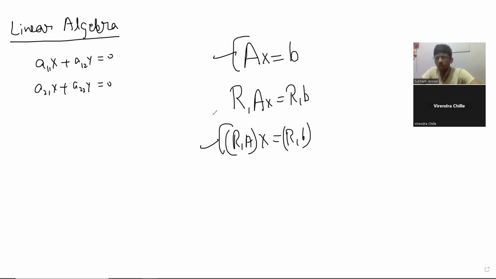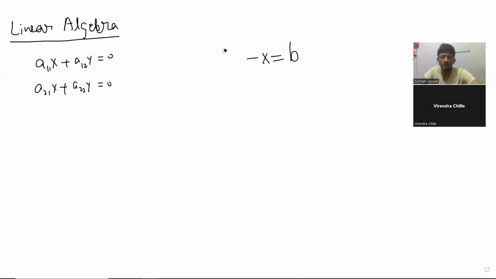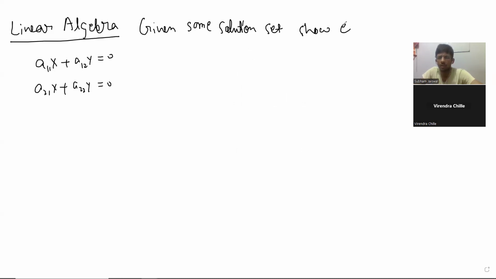Here they are saying that if they have the same solution, then they are equivalent. So given the same solution set, show equivalence.